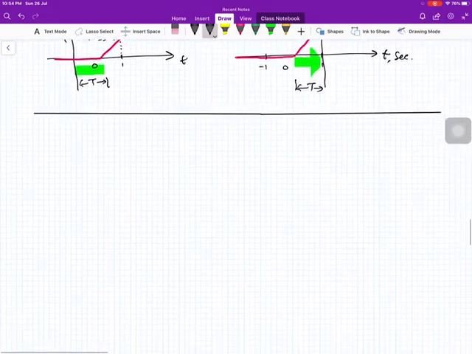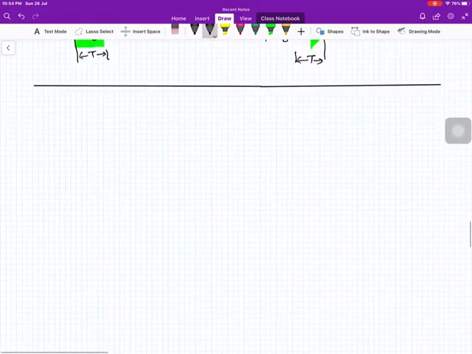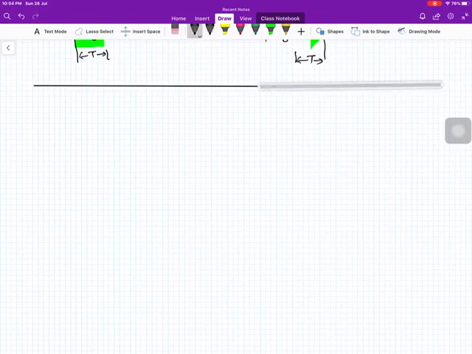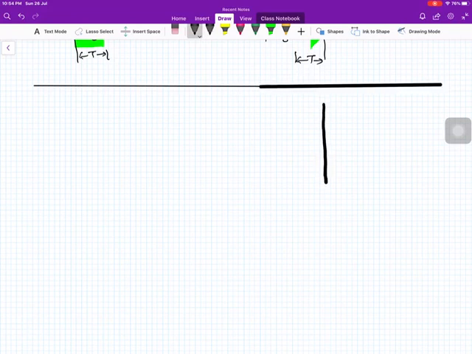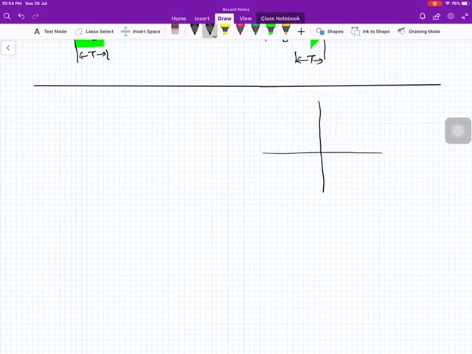Say for example, this is t in seconds, and we need a voltage as an input voltage to a circuit.